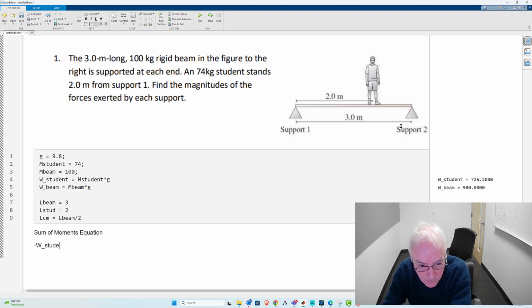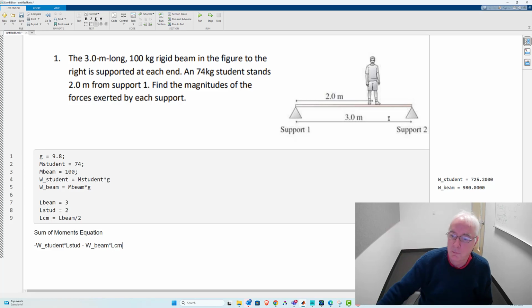Times L student, and then the beam will be the same thing, so it'll be minus W underscore beam times LCM.